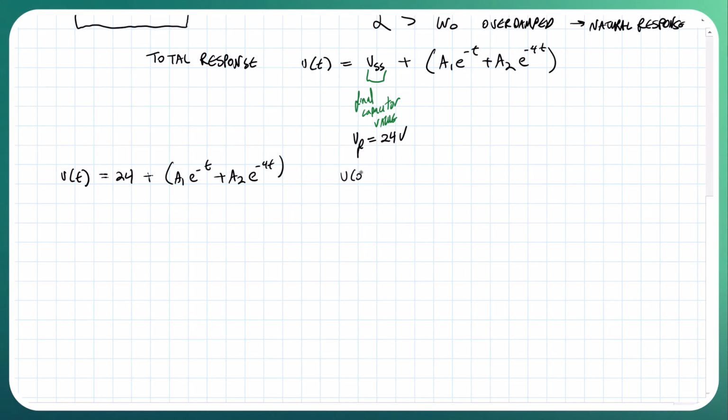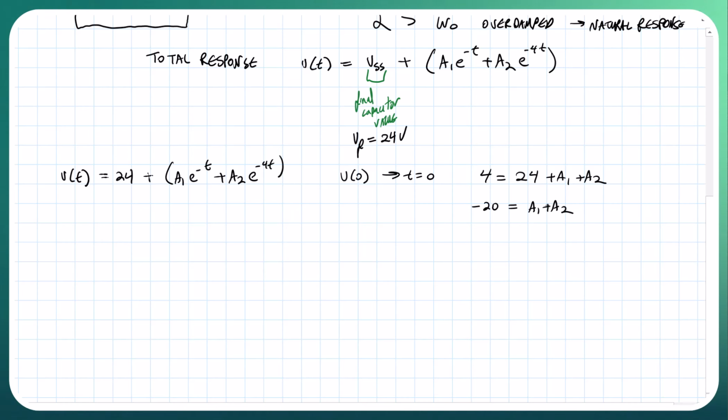So we look at V0. So we're going to plug in t equals 0. So we get V0, which we said was 4, is equal to 24 plus A1 plus A2, or minus 20 is equal to A1 plus A2.